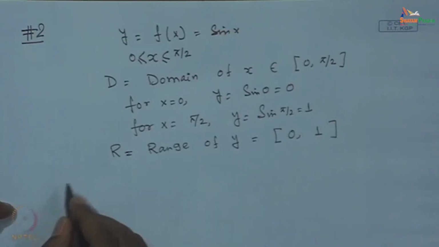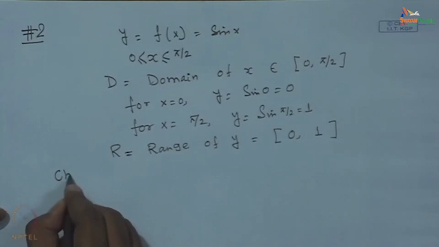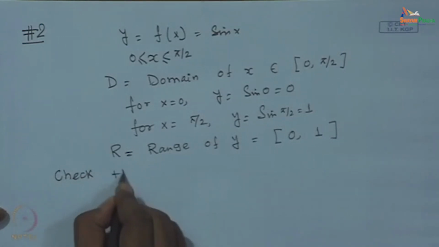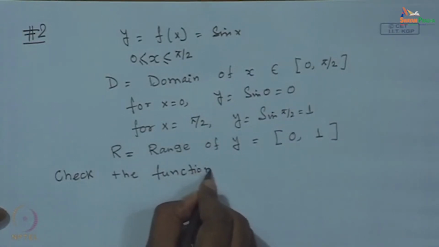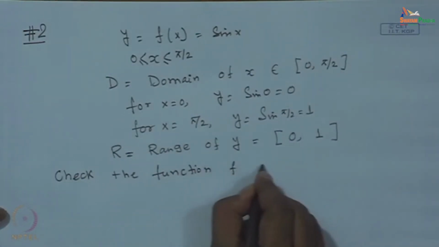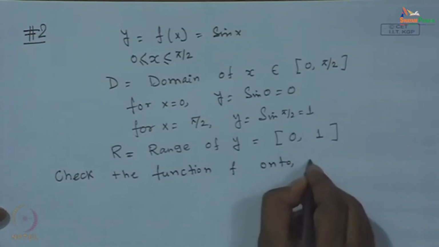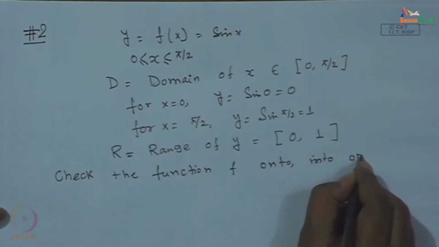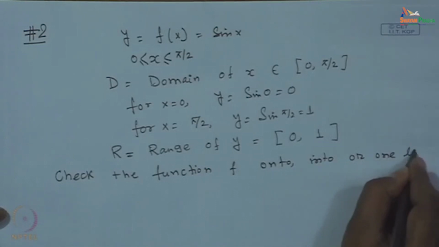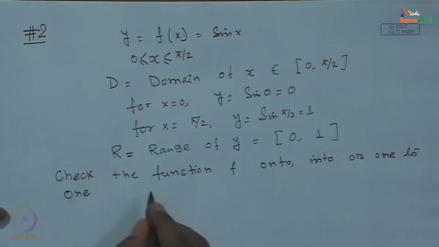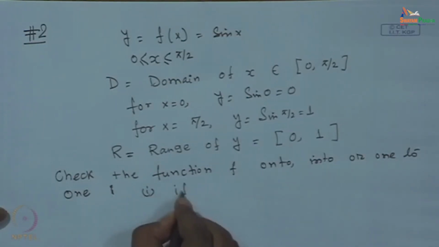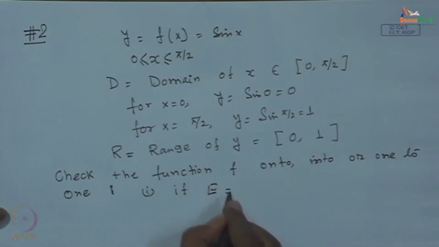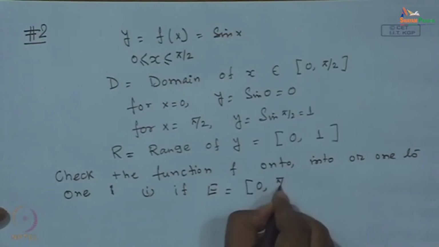Now, we have to check whether the function f is onto, into, or one-to-one, depending on several situations. Number 1, if E is lying between 0 and pi by 2.